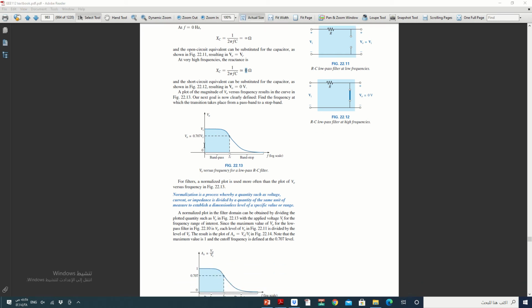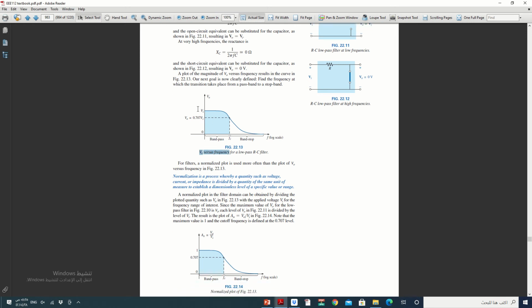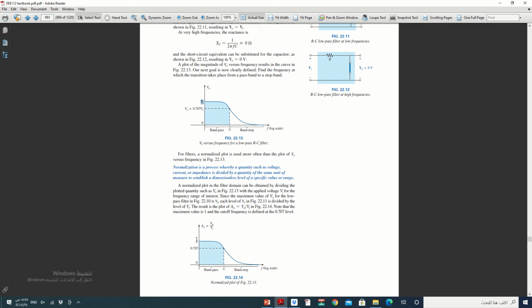This figure we can normalize by dividing V output by V input, only to see the figure as a percentage. Normalization is a process whereby a quantity such as a voltage, current, or impedance is divided by a quantity of the same unit of measure to establish a dimensionless level of a specific value or range.